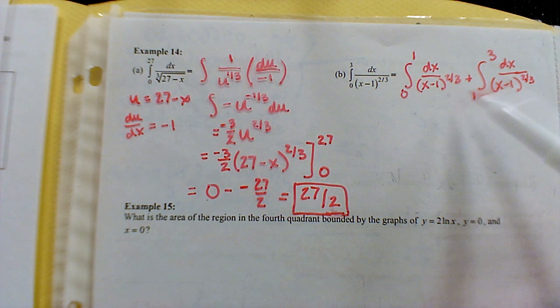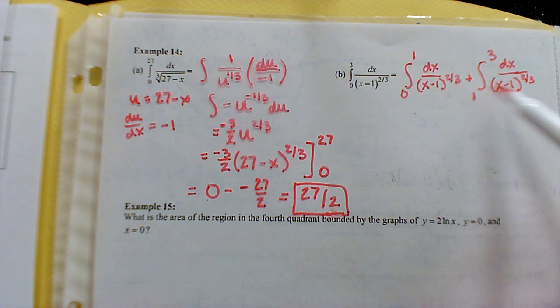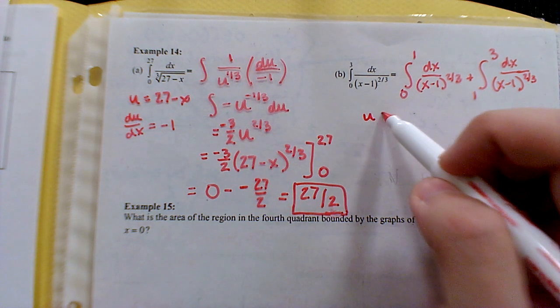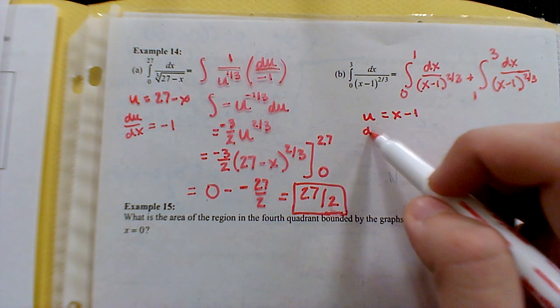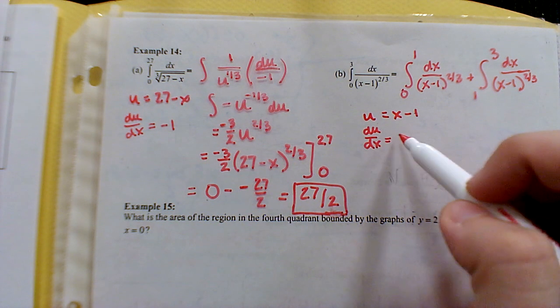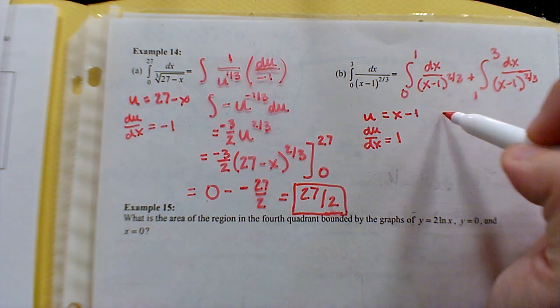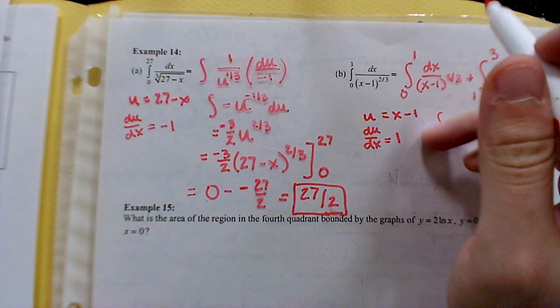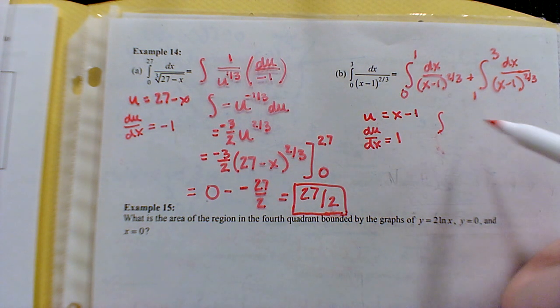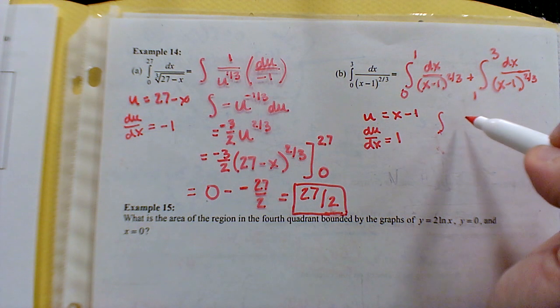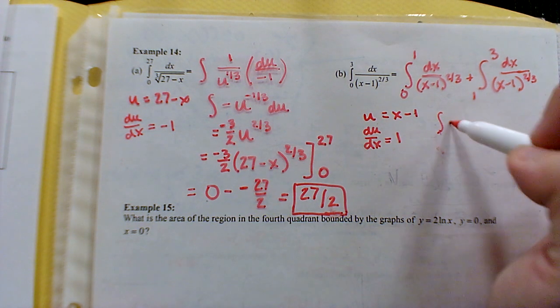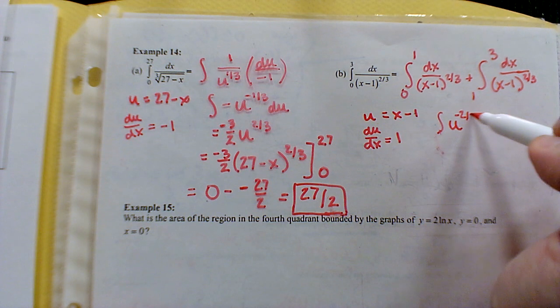Now, in the end, we're still going to have the same antiderivative because we still have the same integrand. So maybe u sub would work well for this one again. We can let u be the inside. The derivative is simply 1, which is nice. So we'll have 1 over u to the 2/3, but you can bring that up and make it a negative power.